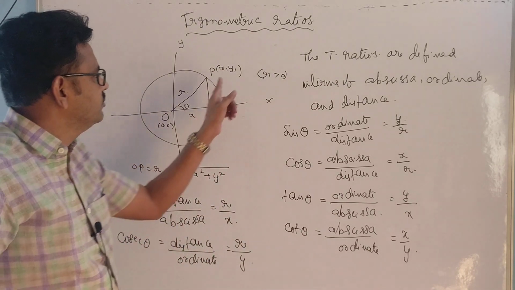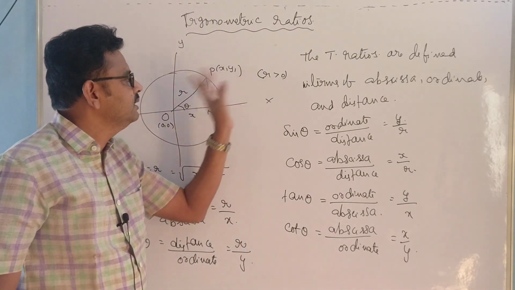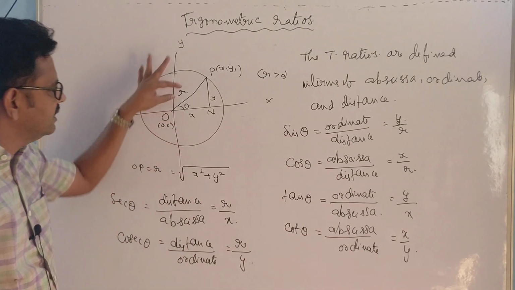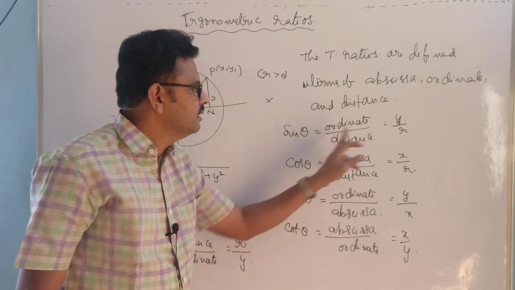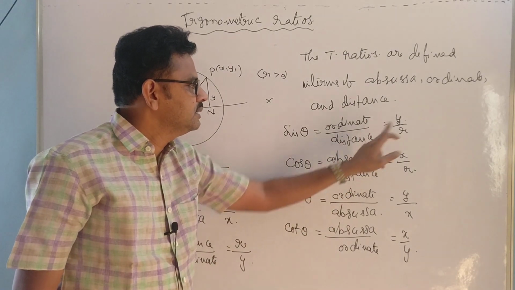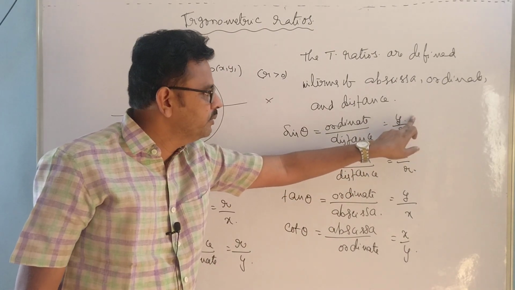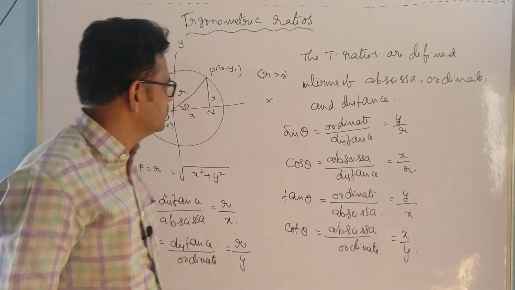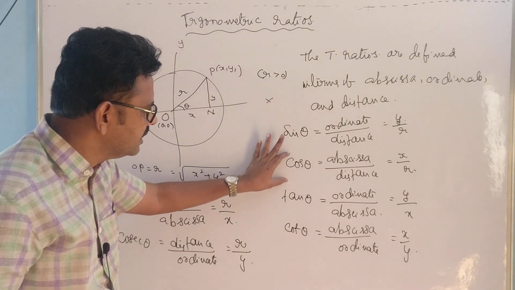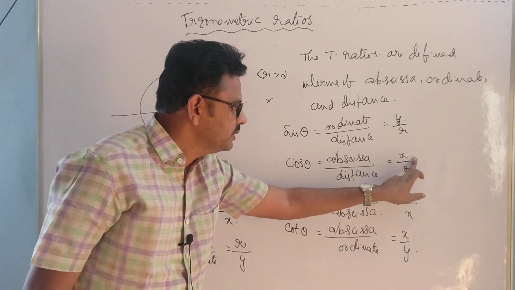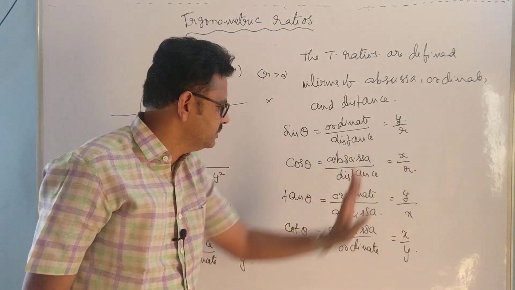Now here the point (x, y) is in the first quadrant, and clearly r is positive. Therefore sin theta, ordinate by distance, y by r: y positive, r positive, so in the first quadrant sin is positive. Cos, x by r, is positive.